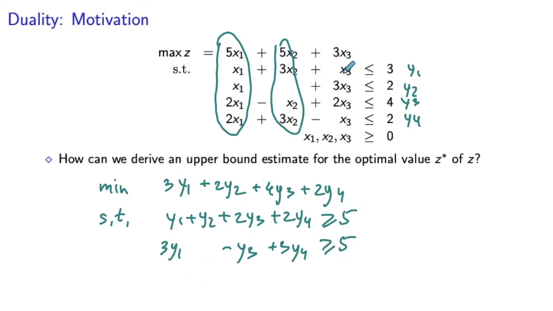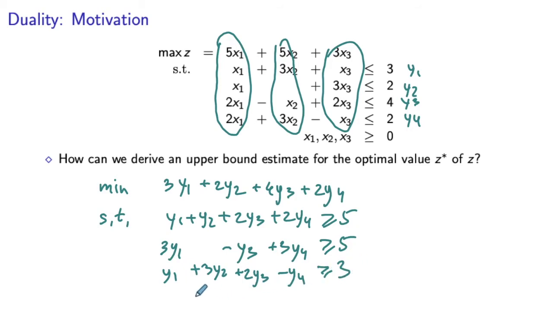And finally, for x3, we'll look at this column here and we want to dominate the coefficient for x3 in the objective, so we'll have y1 plus 3y2 plus 2y3 and then minus y4 is greater than or equal to 3, and we have y1, y2, y3, y4 are all non-negative.